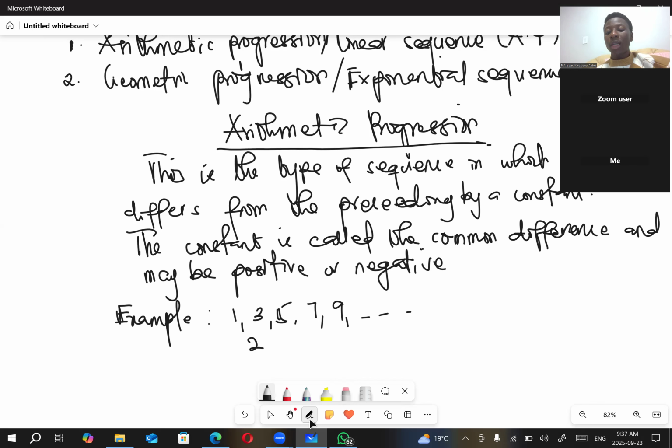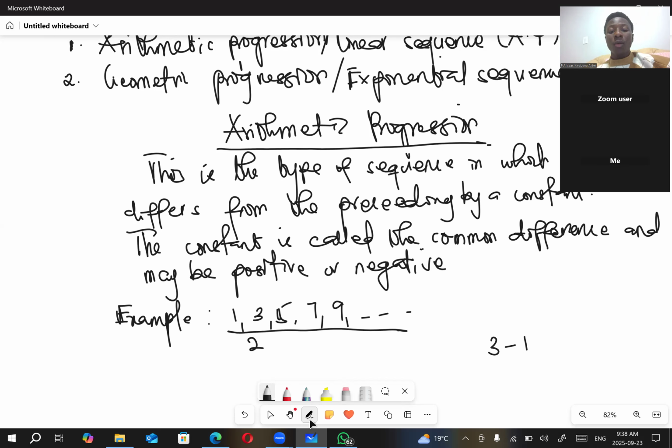You can check: 3 minus 1 is what? 2, right? 3 differs from the preceding term by 2, isn't it? Now, we are seeing this as AP, an arithmetic progression. What it means is that throughout the sequence, all the terms differ from their adjacent preceding term by 2.